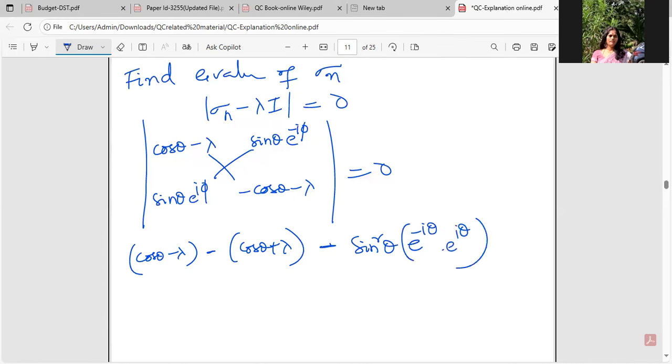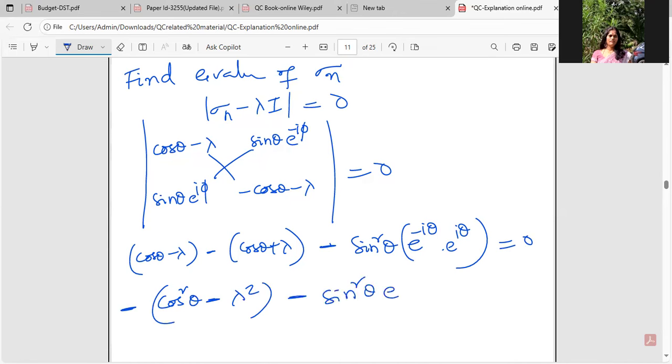A power m into a power n is a power m plus n. And this, there is a minus sign common. A minus b into a plus b. Cos squared theta minus lambda square. A square minus b square. Okay. There's a minus sign common for the first term.